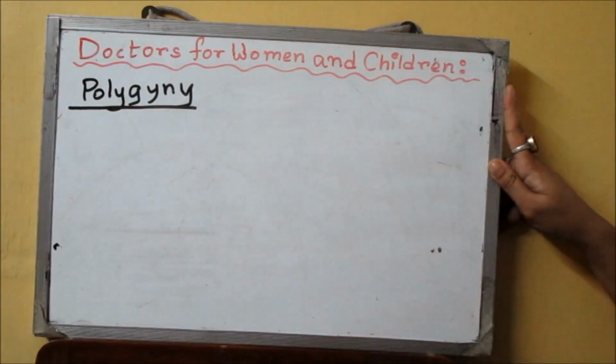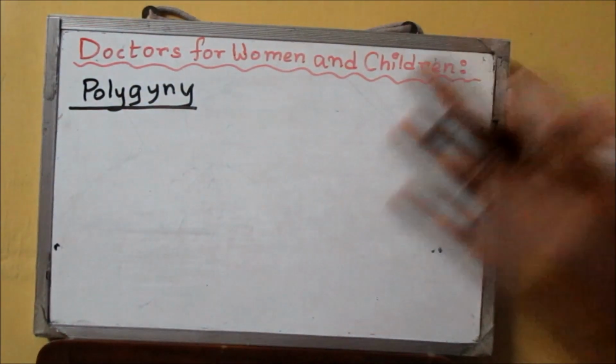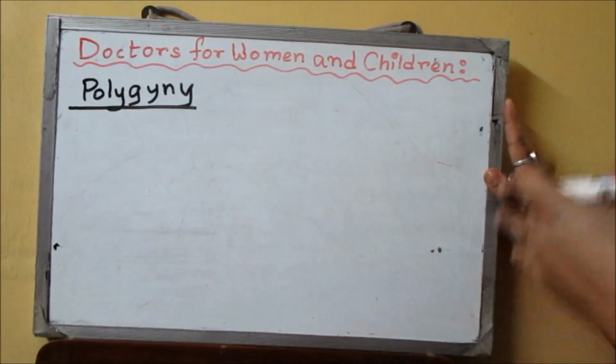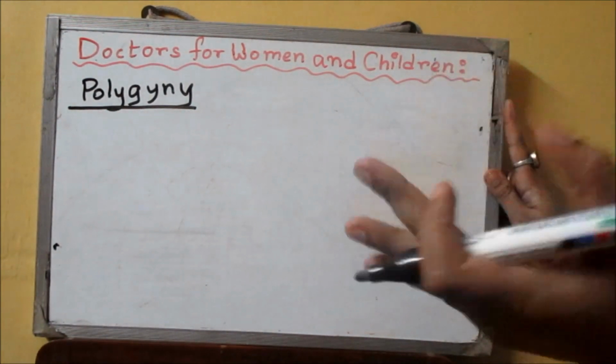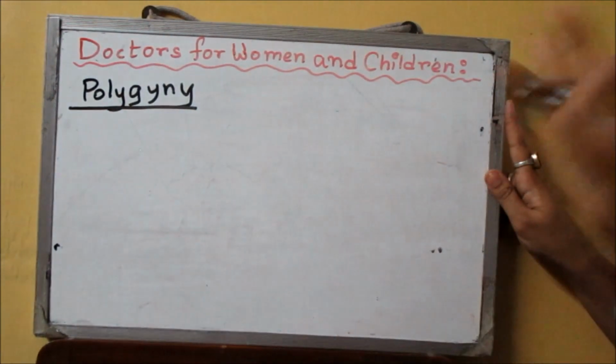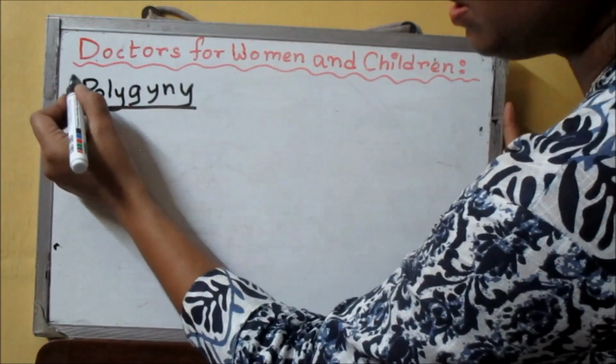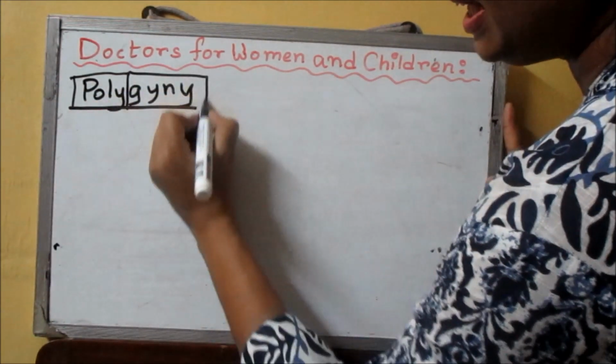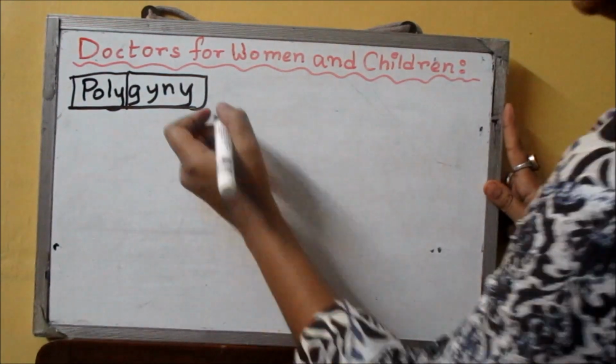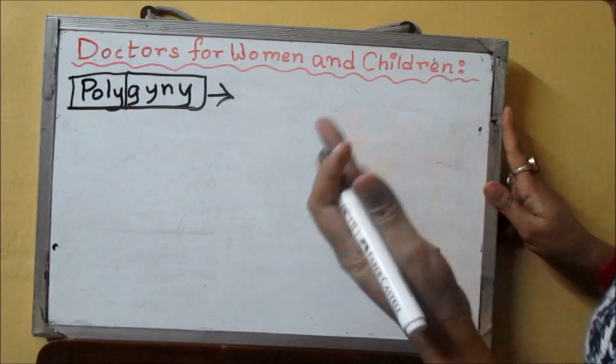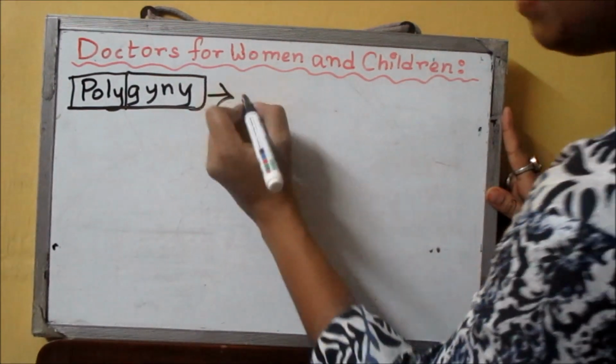Okay. So if we are completely new to the word polygyny, what we can do is try to understand the word by breaking it. We can divide the word into two parts, poly and gyny. Okay? Gyny, as we know, is a suffix that refers to women.